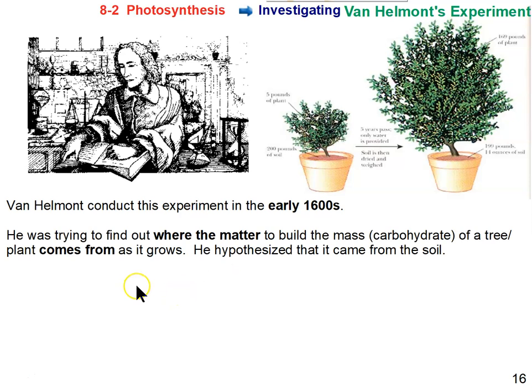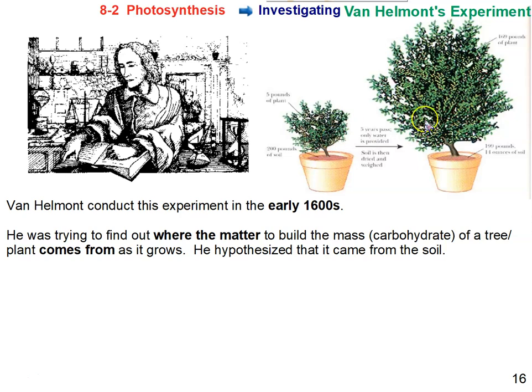What he was trying to find out is, when a tree grows, where does all that matter come from? Because matter has mass and can be measured by weighing, and this tree is going to weigh a lot more than that tree, and that means that it gained a lot of mass. Where did all that mass come from?